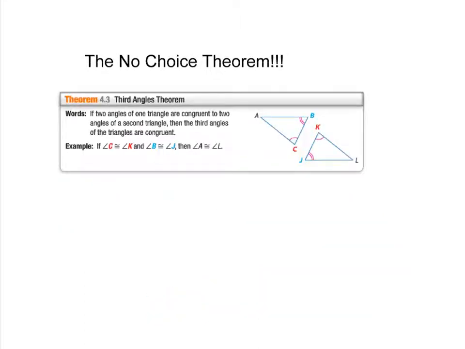Alrighty? A third theorem here in this chapter, the no-choice theorem, one of my favorites in all of Geo. What it says is that if two angles of a triangle are congruent to two angles of a second triangle, then by no choice, the third angles of each of the triangles must also be equal.